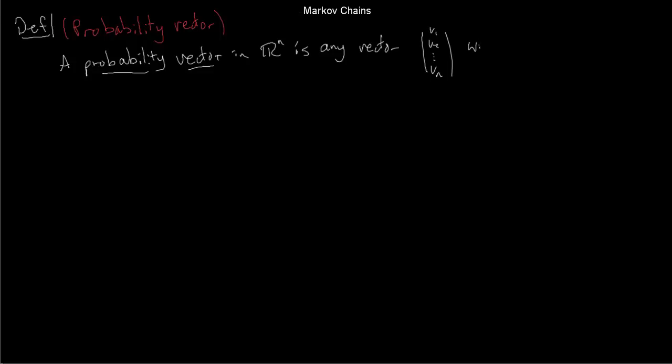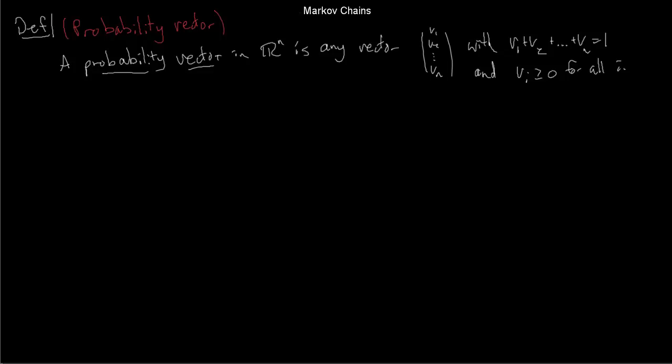And I need to insist that all of the entries in the vector are probabilities. So what does that mean? Well, not only are they probabilities, but they add up to 1. All possibilities are accounted for. So they add up to 1, and they're all non-negative. That's the whole point. That's what a probability vector is going to be.